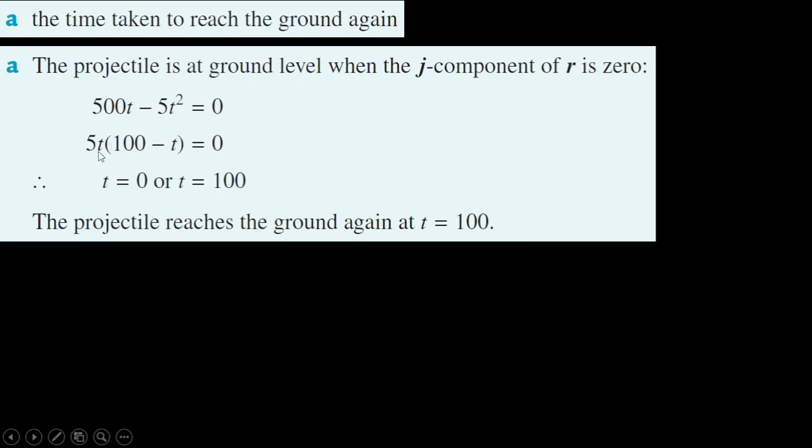Here we can easily extract the highest common factor. You end up with two values. So t equals 0 is going to be your starting value, and when t equals 100 later on, that's when the projectile is back on the ground.